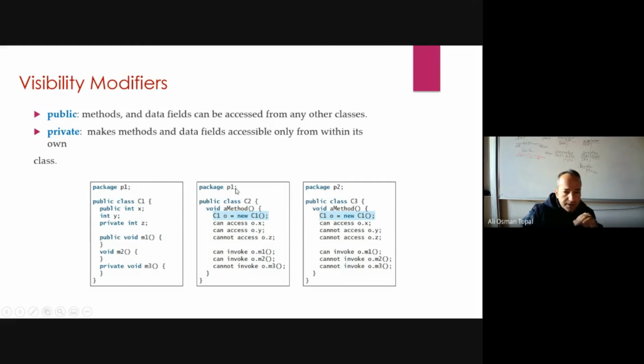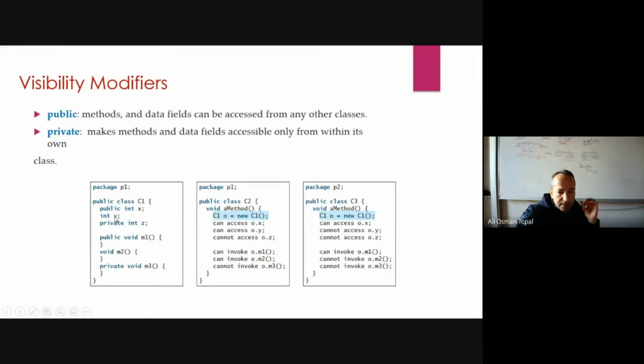If you have another class in the same package, which is C2, and I create an object of C1 in this class, that you can do in a method, you can write whatever you wish. I created one object of C1. Now I can access X, it is public.